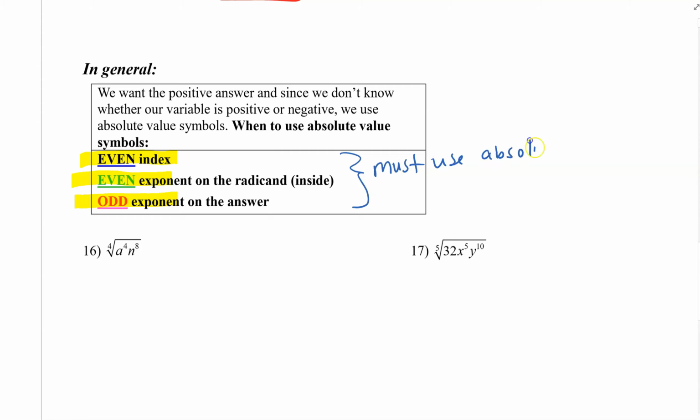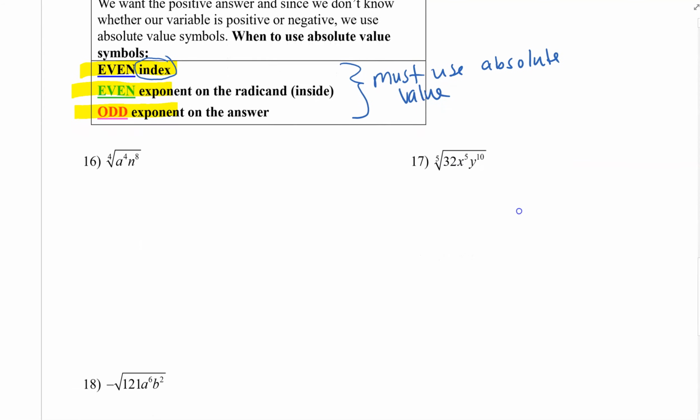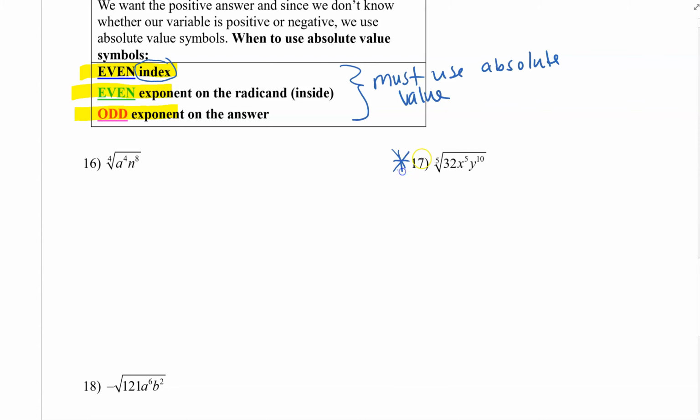So what do those words mean? Well, it means that you're starting with an even index. So automatically I can rule out 17. It is not going to need absolute value because it does not begin with an even index. It begins with an odd index, which is another reason why I love odd roots. Okay.